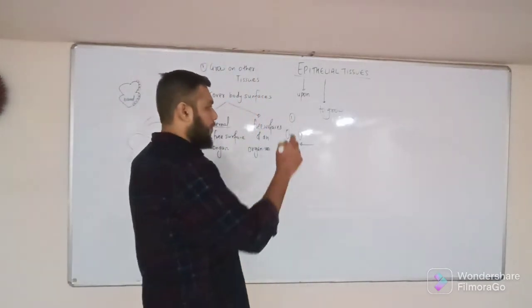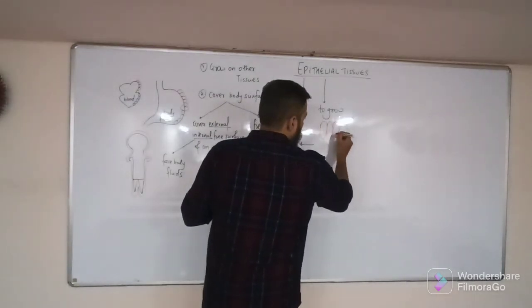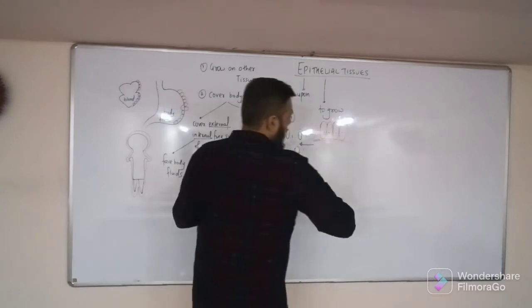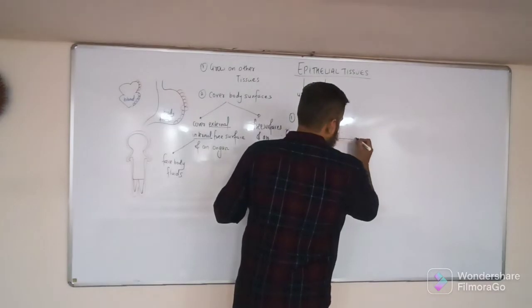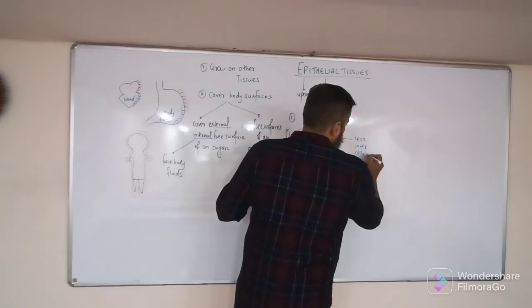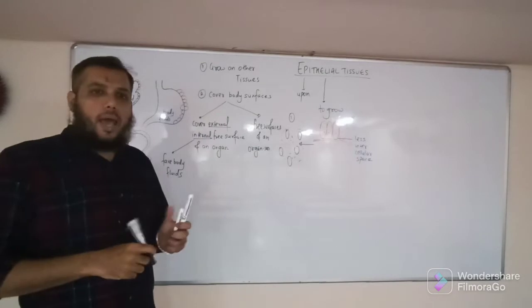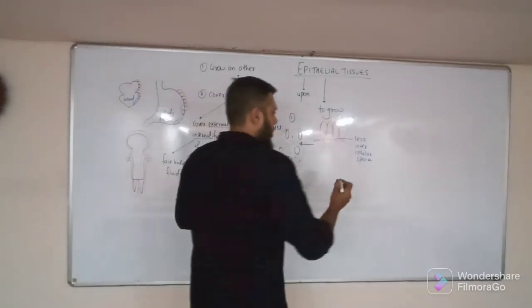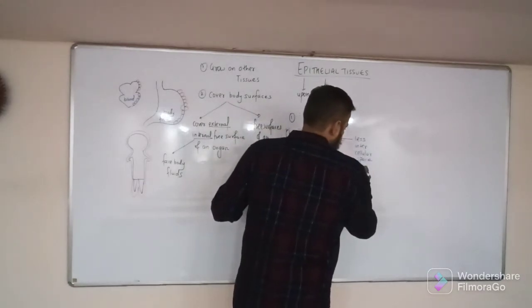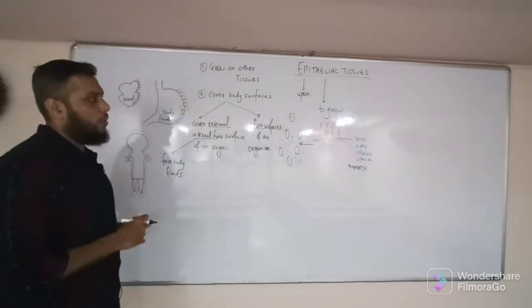Unlike the epithelia, where you will find that the cells are closely packed, as a result of which the intercellular space is going to be very less. So it has very less intercellular space. So definitely, if intercellular space is less, then what will the matrix be? It will be less. So it is less intercellular space and matrix as compared to the other tissues of your body.